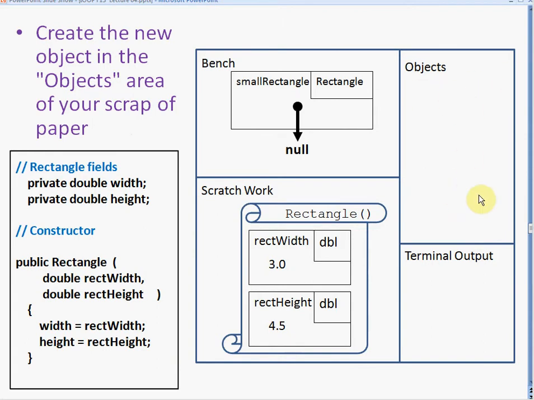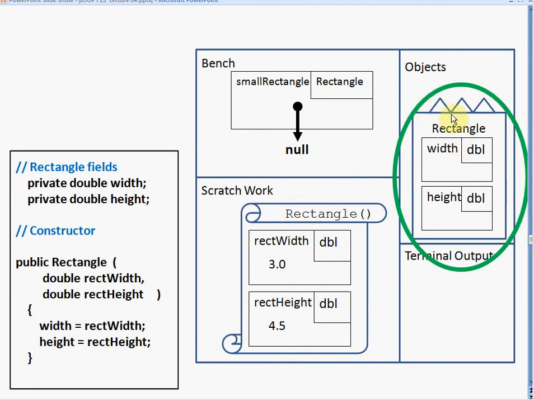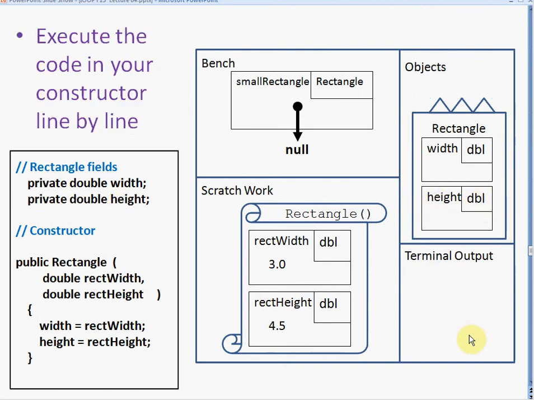We put it in the objects area. I put a little crown on all my objects to show they're very special. It's of type Rectangle. The class name is Rectangle. And when you look at my fields, I have 2 private variables. One is called width of type double. One is height of type double. Okay, let's keep going.